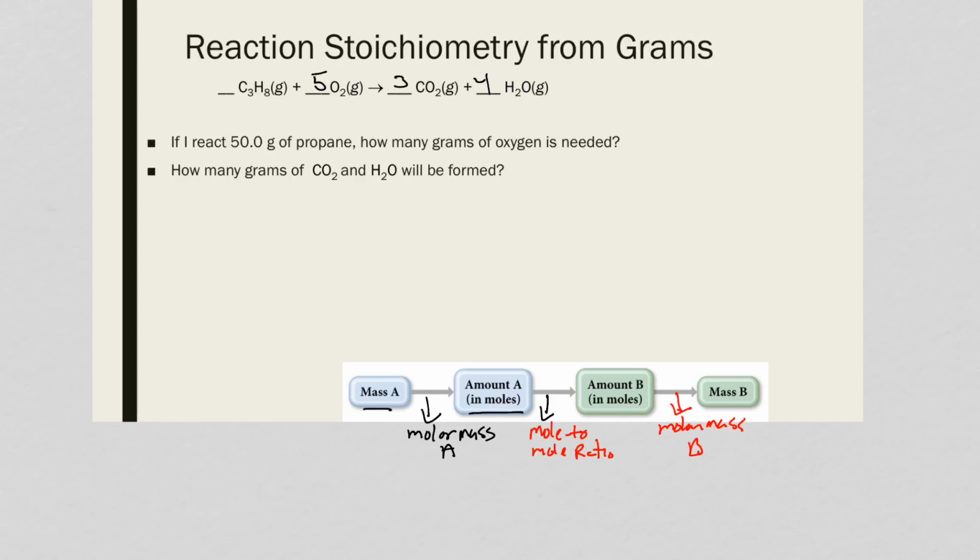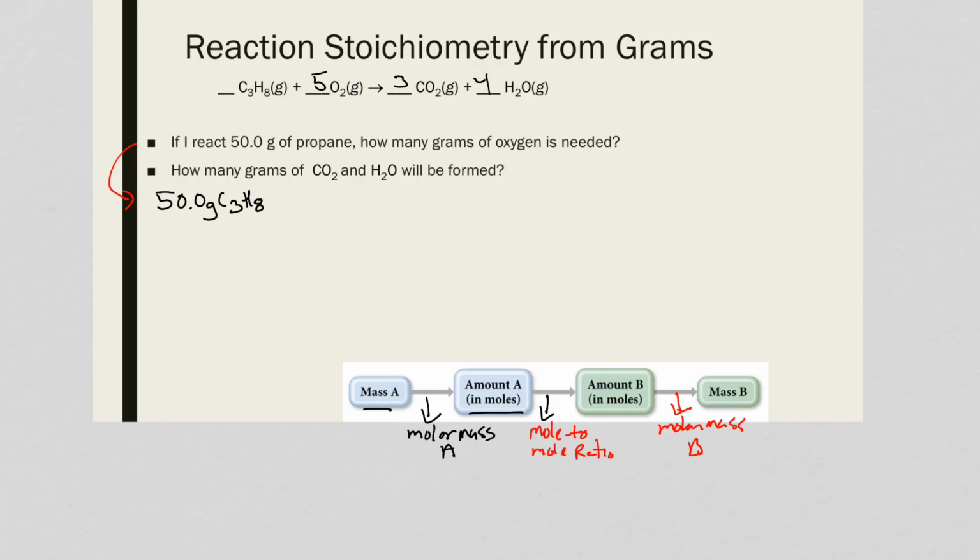So now that we have this basic pattern, let's apply it to our problem. So we're going to do this one here. We're going to start with 50 grams of C3H8.